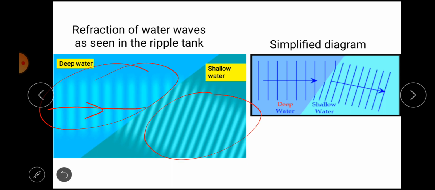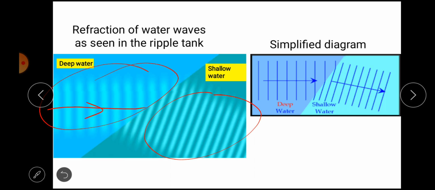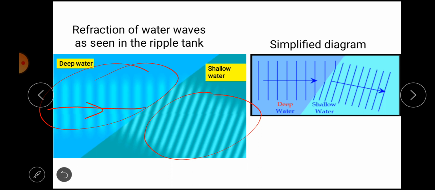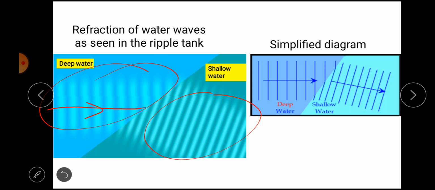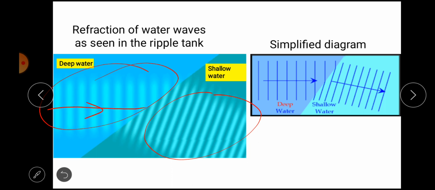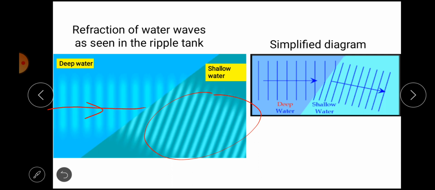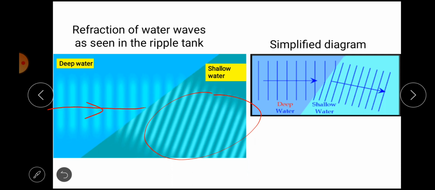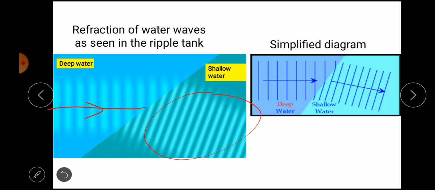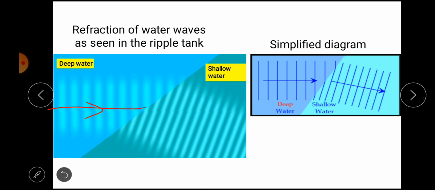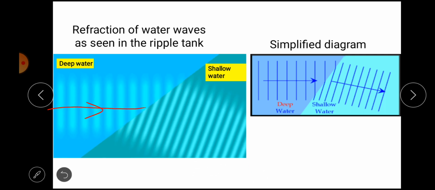So the wavelength is the distance between two wave fronts. So let's take those white regions as the wave fronts. If we measure the wavelength in the deeper region, we find that it is greater than the wavelength in the shallow region.